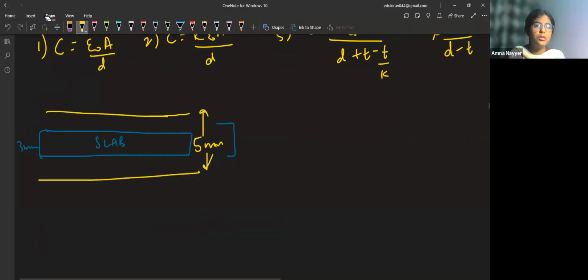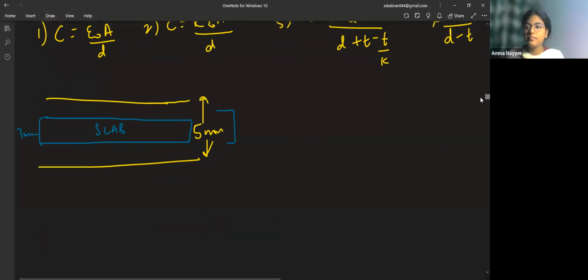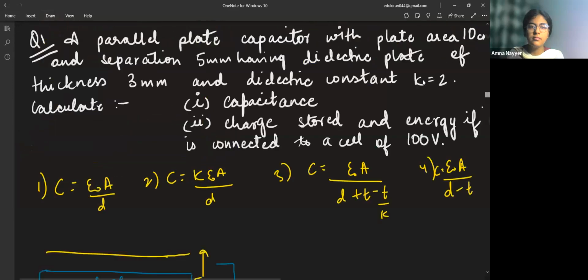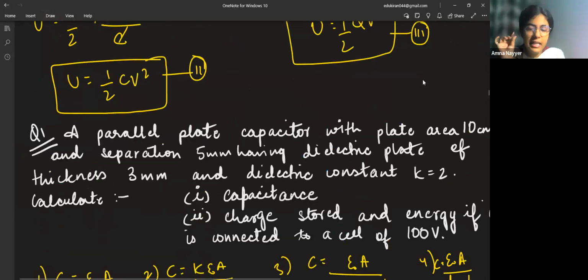Anyone else who wants to change the answer? Now see, dielectric constant K is given as 2. So it gets confusing whether you have to put the second option or not. See, when you had to put the fourth option, third option, just understand, now you are placing a slab in between. In the fourth case, there isn't any conductor placed.